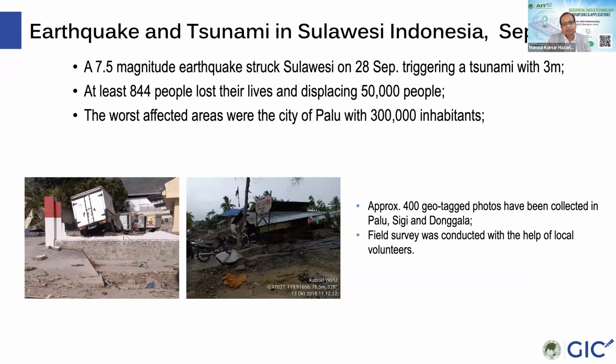Immediately after the disaster, we got satellite data, and because it was a very big disaster, we sent our team to the field to collect data with our local partners. We collected approximately 400 photographs during this field survey.